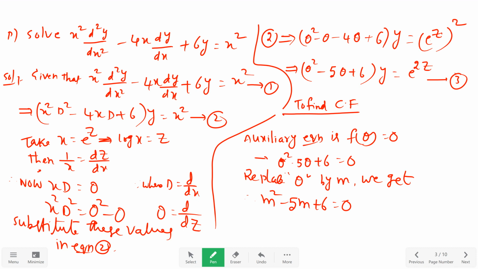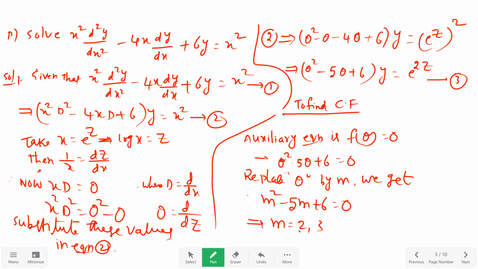It is a quadratic equation. The roots of this are m is equal to 2, 3. So 2, 3 are the roots or solution of m square minus 5m plus 6 is equal to 0.